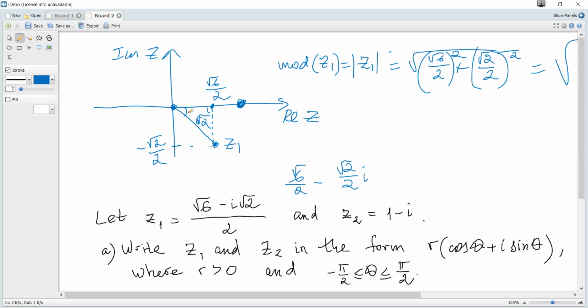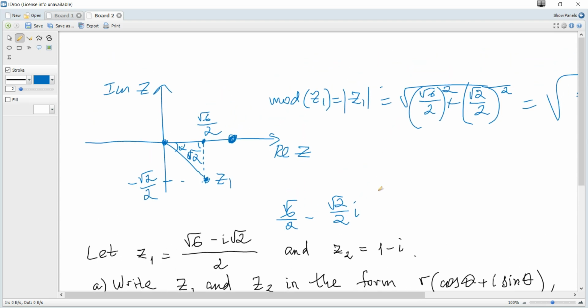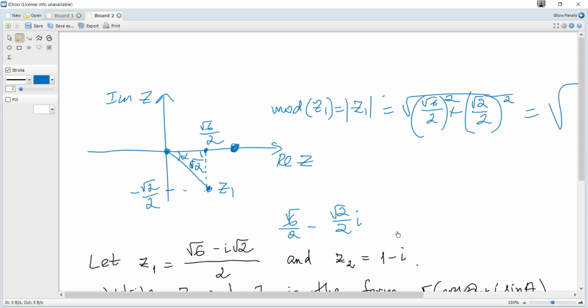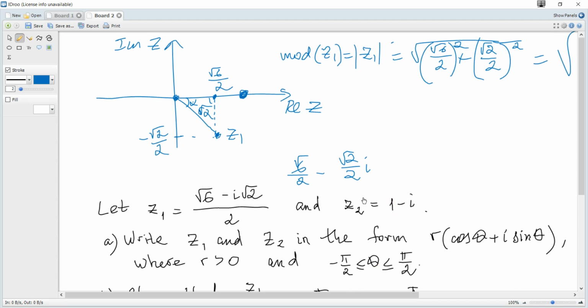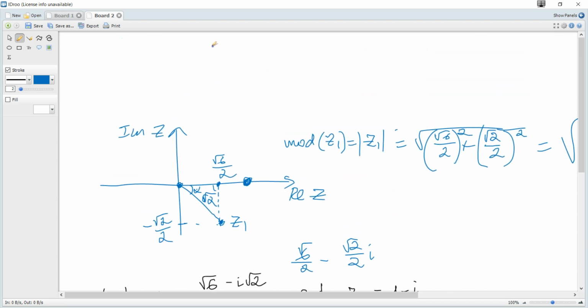But how to find this angle? It can be considered as the tangent of this angle, let it be alpha, firstly, because it's some supplementary angle, and it will be an acute angle. It's not the final answer. So from the graph we can say that tangent alpha is opposite over adjacent.